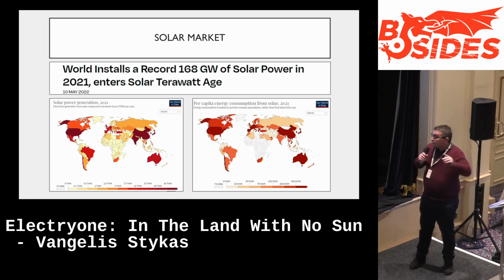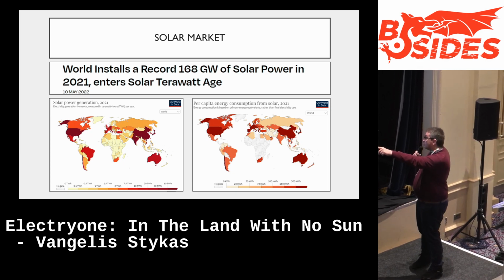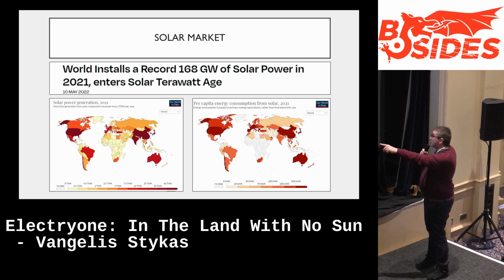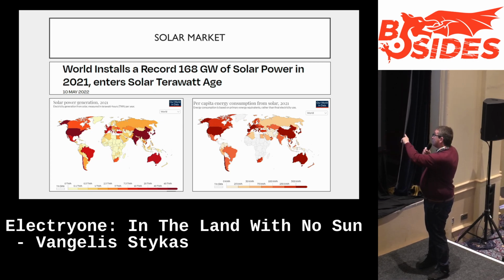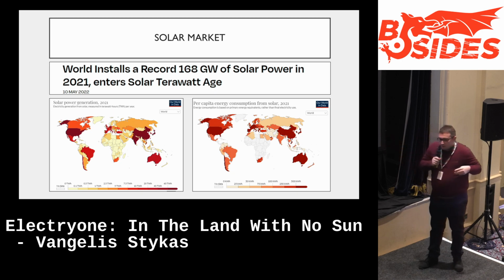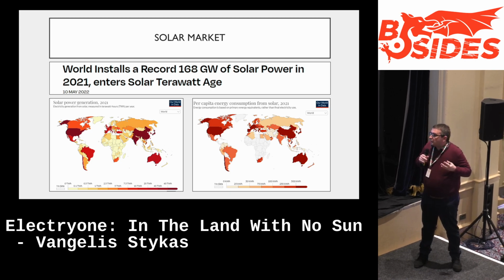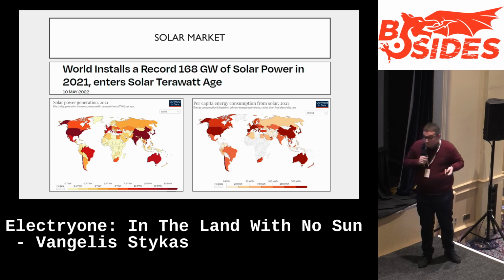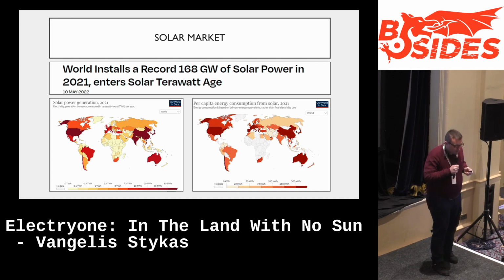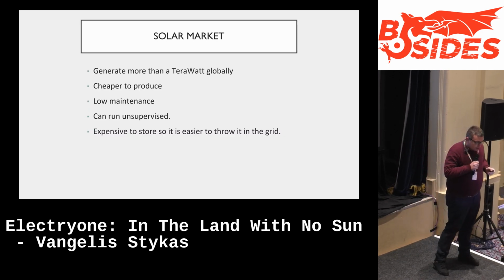Some more info, as you can see in here with deep red, you can see the power generation, and from here the per capita energy consumption. The darker the red, the more power it generates and it consumes, and it means that an attack on those photovoltaics will greatly affect those countries.